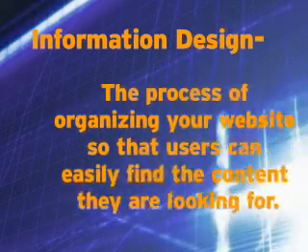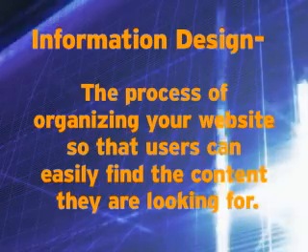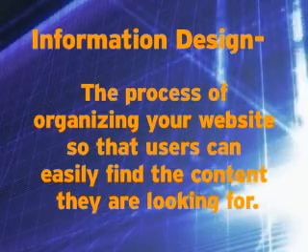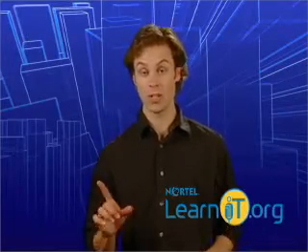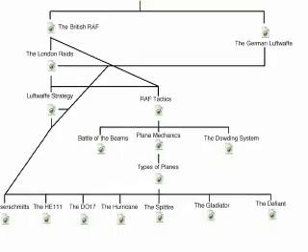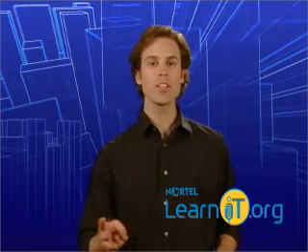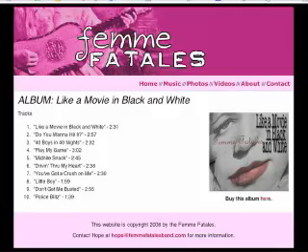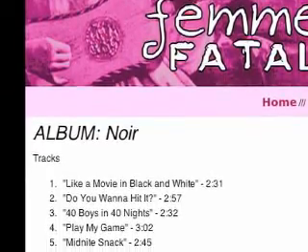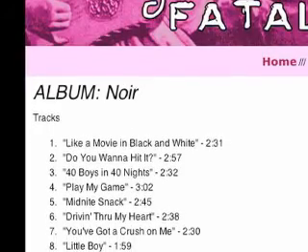Be sure to use the principles of good information design when creating your sitemap. After all, you don't want something that looks like this. We also want 3 sub-pages featuring each of the band's individual albums, which can include track listings and song lyrics.